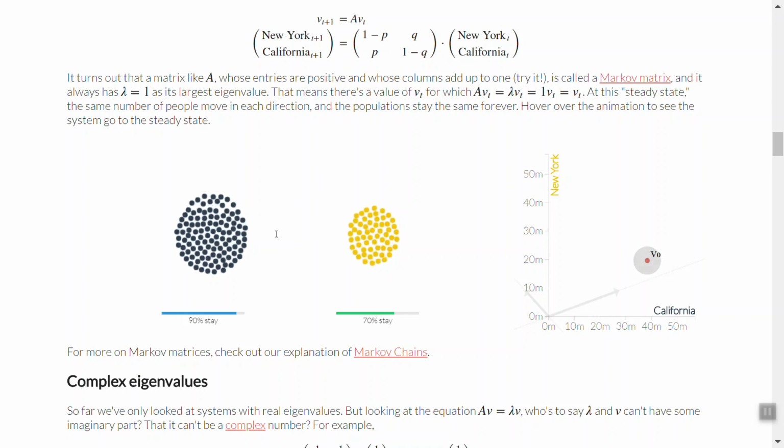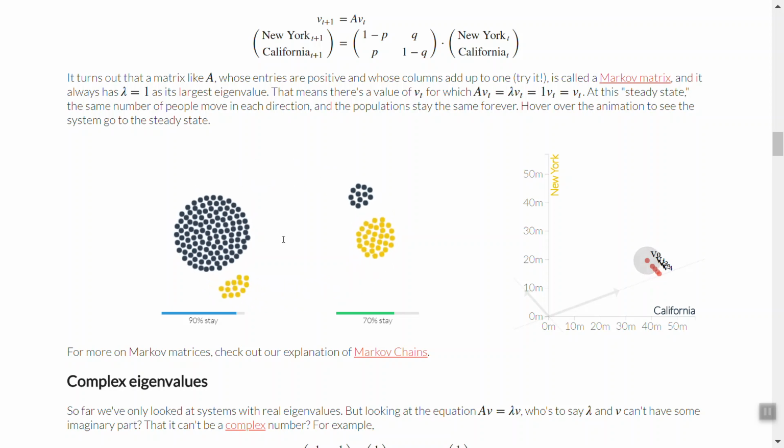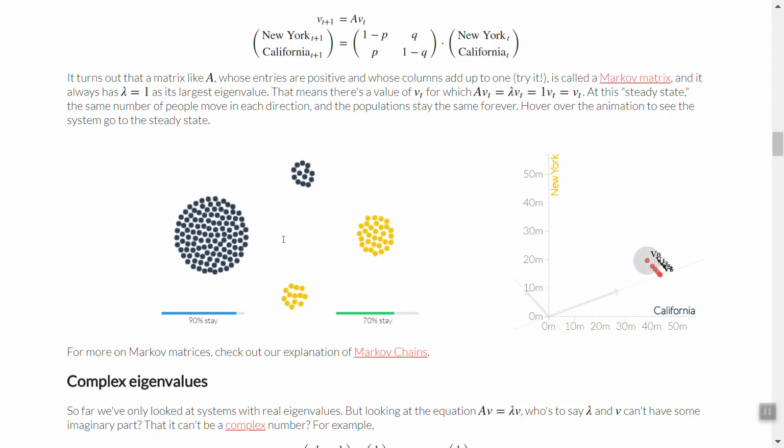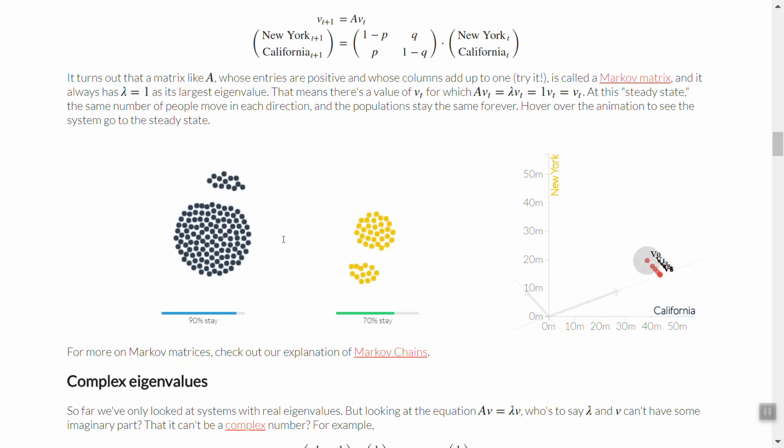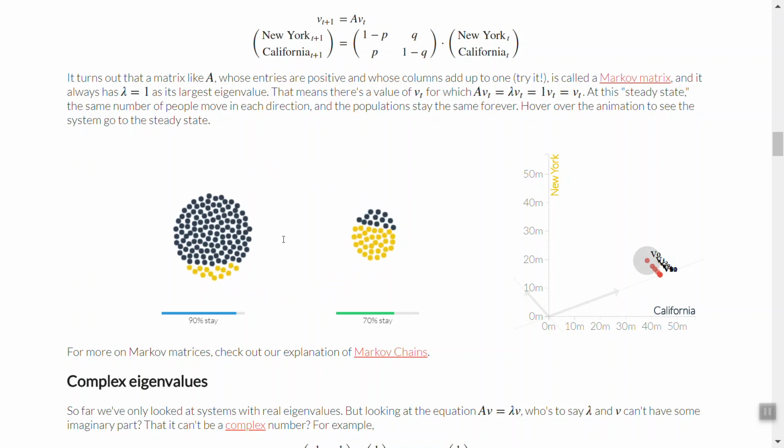And this will repeat. Some of the blue dots go to New York, and when this happens, it changes the size of the circle, and eventually we reach a point where the number leaving blue is equal to the number of yellow coming in, okay? So the amount leaving is equal to the amount coming in, and this happens for both states, okay?